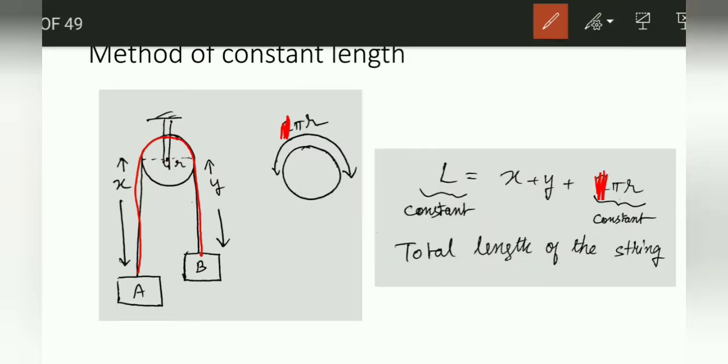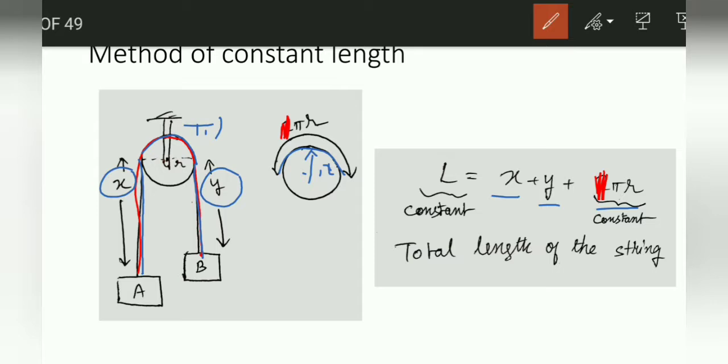Here the length of this part of the string is x, the length of this part of the string is y, and the length wound around the pulley, that is a semicircular section, is pi into r. So here I have shown the semicircular section, that is, the radius is r, so that is pi r.